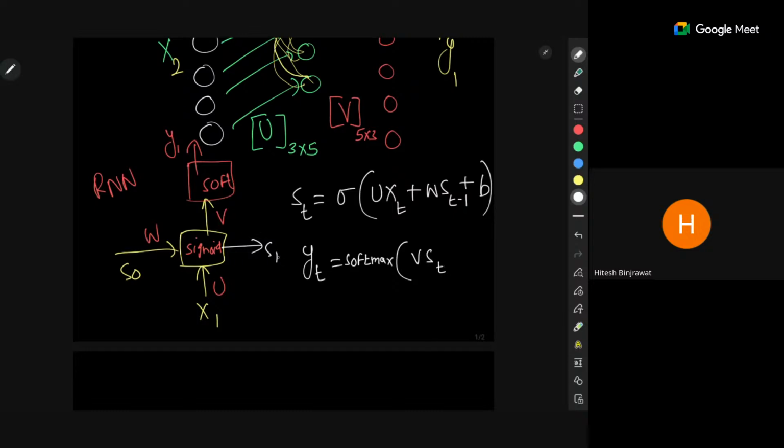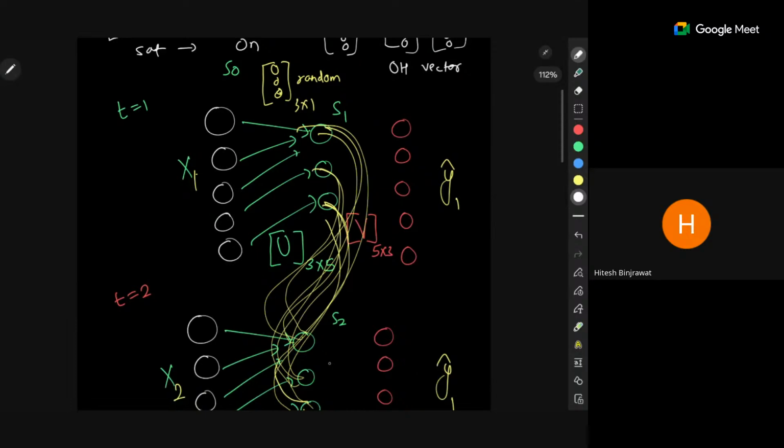So ST is coming out also, and then it's going to predictions also, right? So both ways S1 is going, same thing. You just have to use it both ways. So you have to send it to the next output, like this yellow thing here, and it will of course go to this red neurons, which is the softmax layer, right?